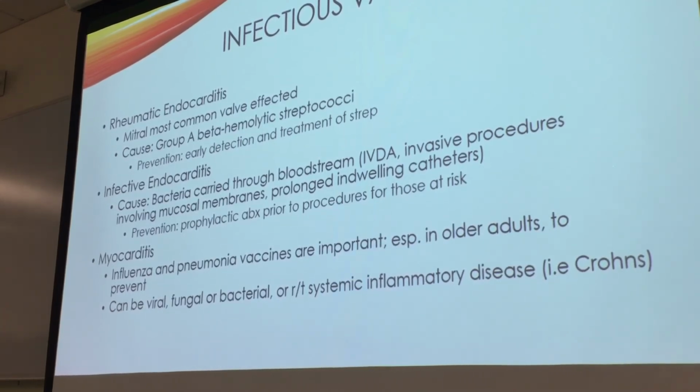Basically, it's caused by bacteria carried through the bloodstream. Patients at risk would be IV drug abusers, if they're having invasive procedures involving the mucosal membranes that I mentioned, and also prolonged indwelling catheters puts patients at risk as well. So, again, prophylactic antibiotics before procedures if a patient has a valve replacement in the past.